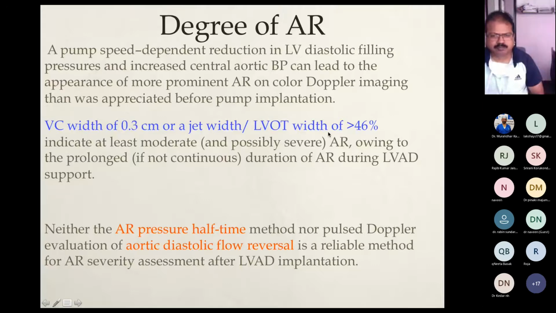If the vena contracta is more than 0.3 centimeter and the jet width by LVOT width is more than 46%, that denotes that the AR is at least moderate, and you should address the AR. You should correct the AR. And of note, the pressure half-time and aortic diastolic flow reversal are obviously not reliable methods post LVAD implant.